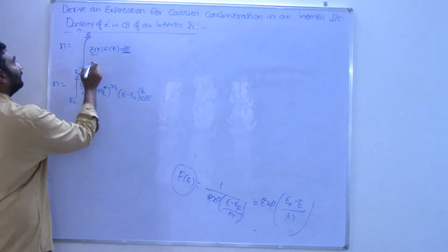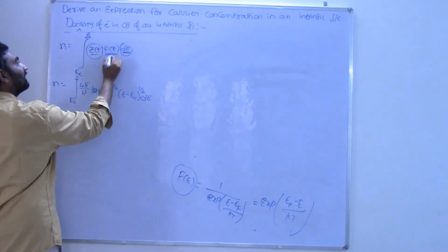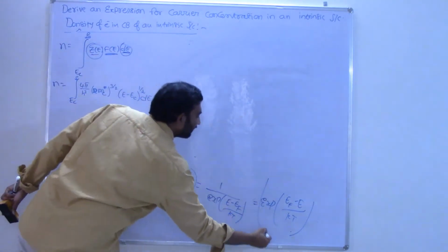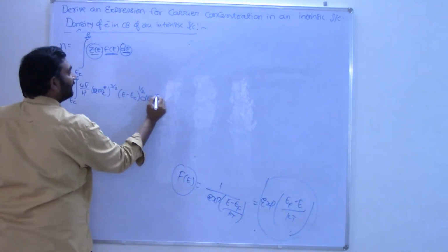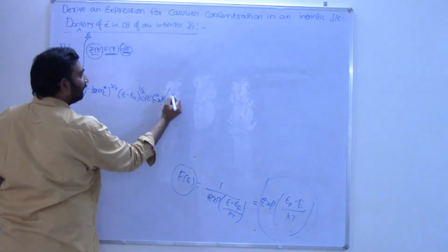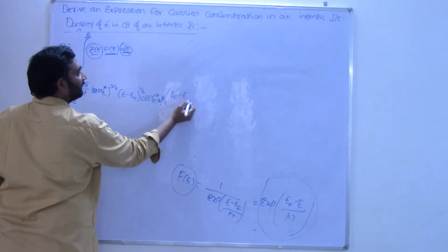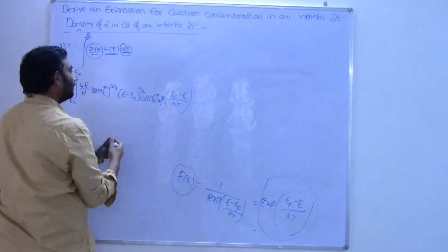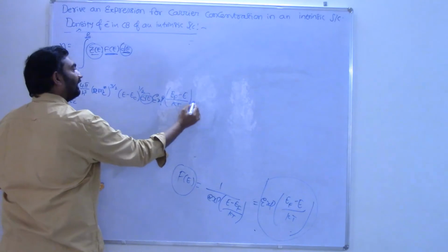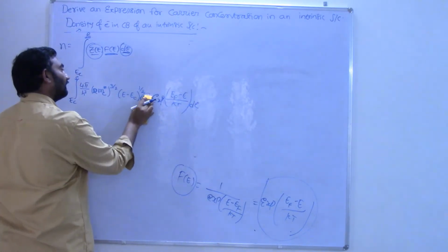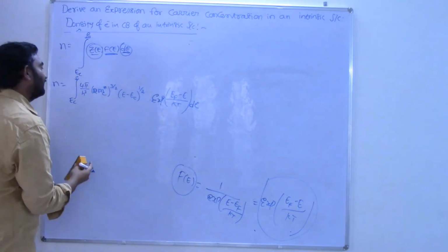Now I substituted this value. What about f of E? f of E can be approximated to this, which means exponential of EF minus E by KT. So here I write this dE and remove it from there.